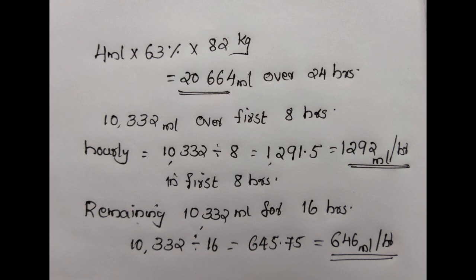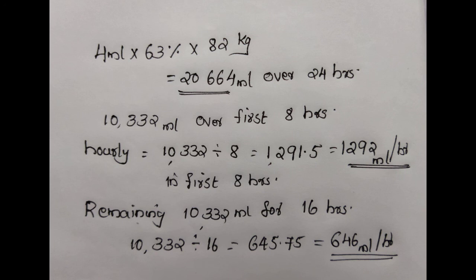What is our question? They ask how much we have to administer hourly. So in the first 8 hours, 10,332 divided by 8 is equal to 1,292 ml. Hourly, in the first 8 hours, we have to give 1,292 ml per hour.